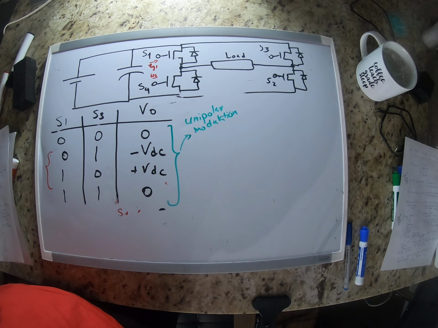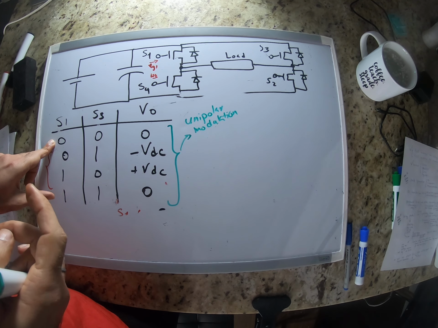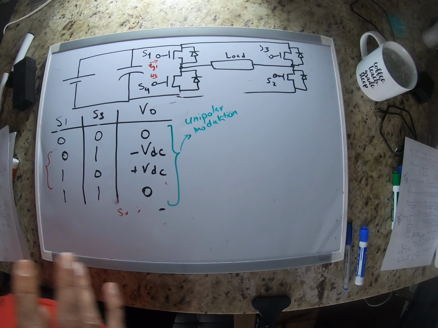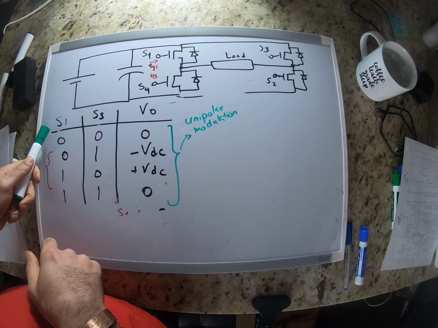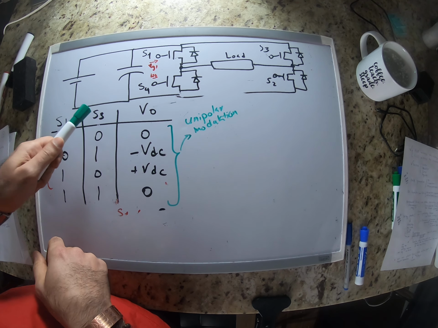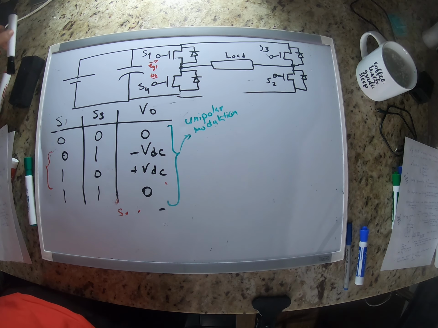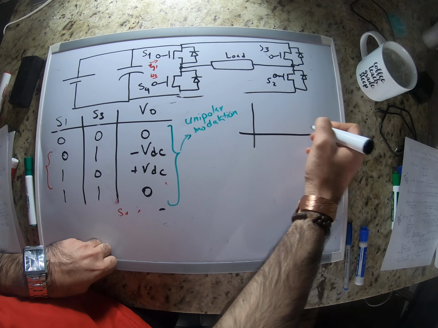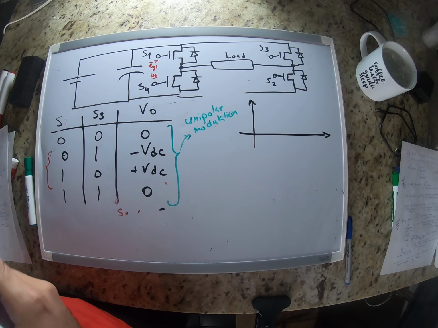It's not just these 2, right? So then we can't say the S1 gate signal is always the same as S2, because you see that here and here are different. So we would need 2 different comparators, one to create the gate signal for S1 and S4, one for S3 and S2. Okay, so in this case, if I want to draw the output voltage, it would look like this.